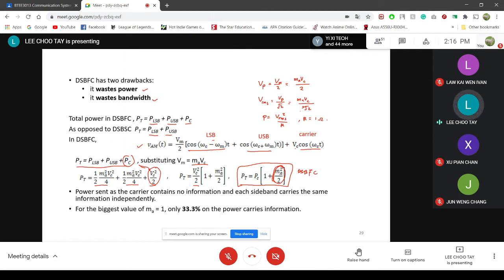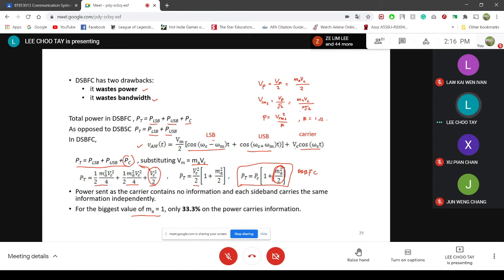And remember from last lecture that the modulation index for double sideband full carrier can never be more than 1. Don't ever use a modulation index more than 1, because if you do that, your signal will be distorted, and there is no way the receiver is able to recover it later on. So as far as double sideband full carrier is concerned, the biggest value of your modulation index is 1.